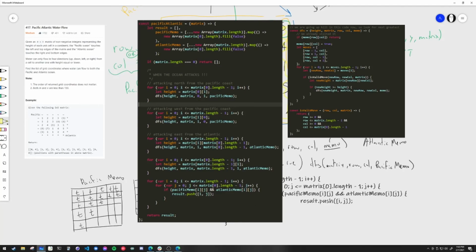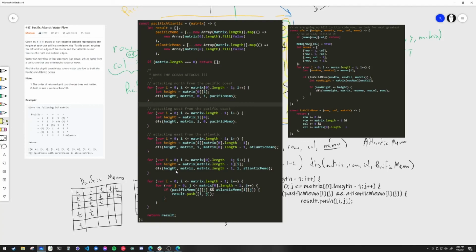And if the height is greater than or equal to the height, what's the height? Oh, the height is i0. Technically you don't need to pass height into there. You could just establish a variable called height that takes row and column. But I just found it easy to pass in height.